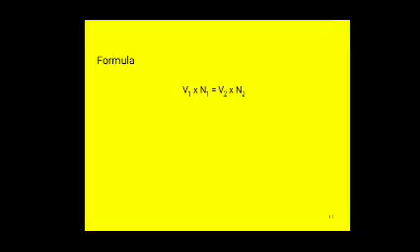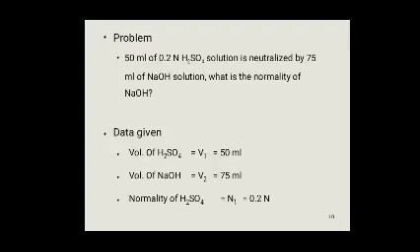Here two different solutions: H2SO4 with V1 equal to 50 ml and N1 equal to 0.2 N, and NaOH with V2 equal to 75 ml. Then calculate the N2 of the NaOH solution.